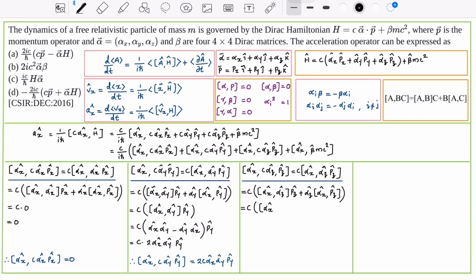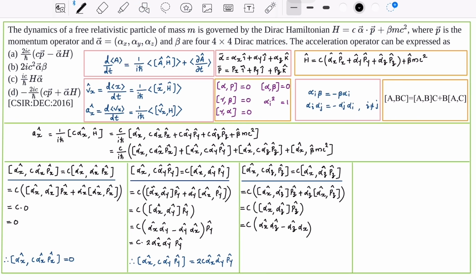So only the first term remains. Therefore, our commutator becomes c times, within brackets, alpha x alpha z minus alpha z alpha x, times pz. Now we know that alpha i alpha j is equal to minus alpha j alpha i.